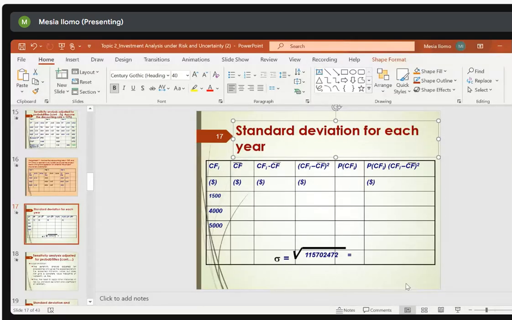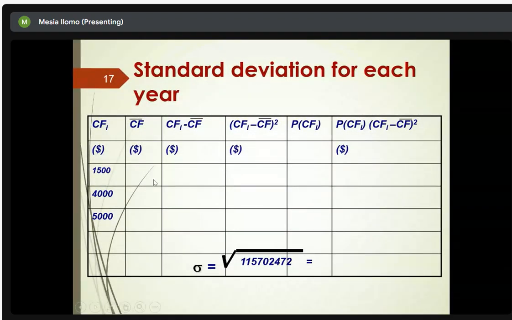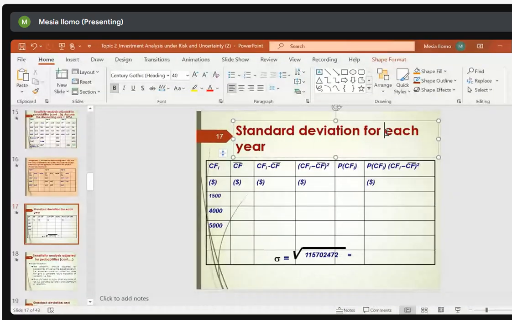So for today, what I want you to work on should take us around 15 minutes or so. We have to compute the standard deviation for the project, the Excel that we have. So the mean cash flow, you have mentioned, and to be specific, let's compute the standard deviation for year one.